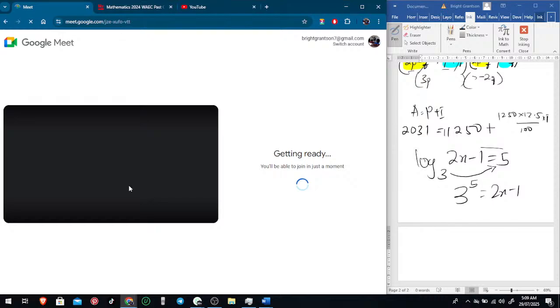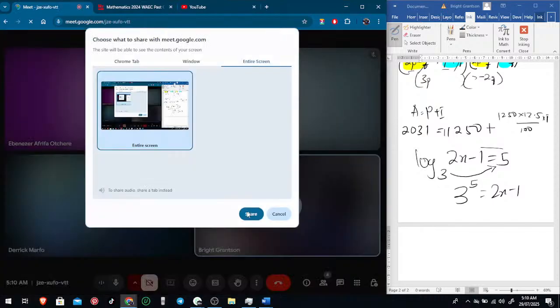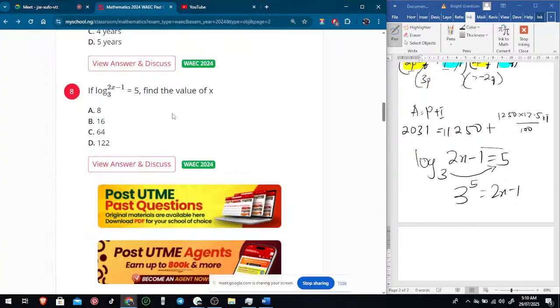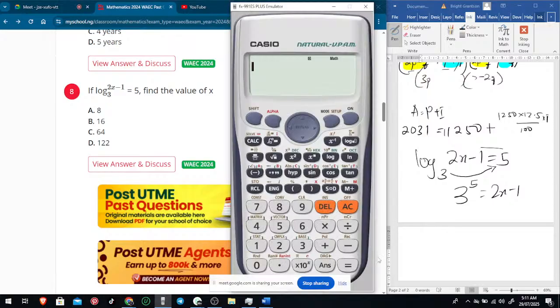Okay, I'm back. So this is what I'm saying. Or better still, you can punch the whole function on your calculator. The calculator can solve for you. So you press the logarithm sign. Today my calculator is freezing.